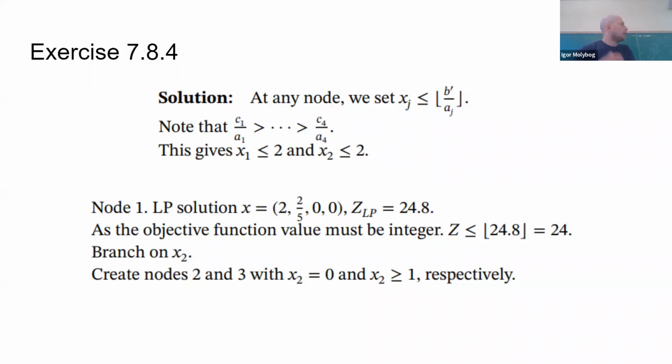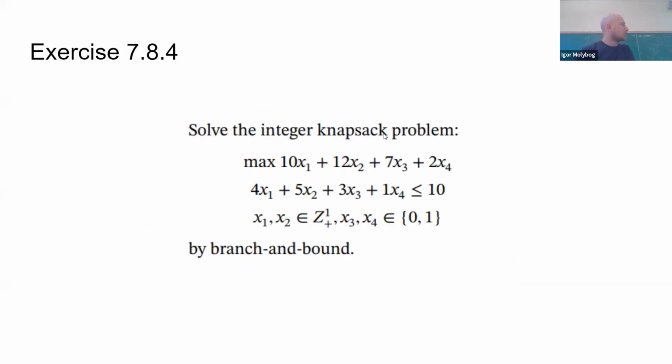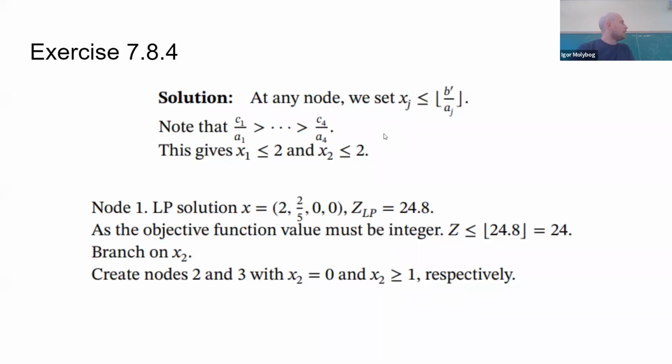You just need to take as many items as you can, just because at any node you need to set xj less than or equal to b dash over aj, and basically you still need to order your items after that. And you need to take as much of an item as possible for your purposes.